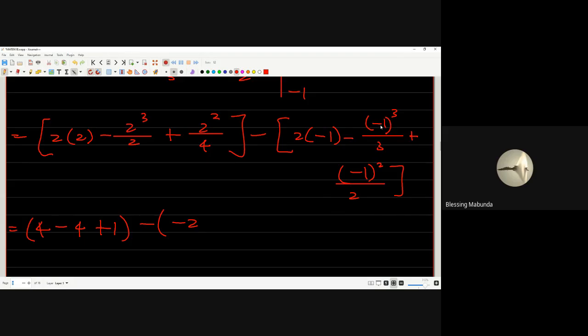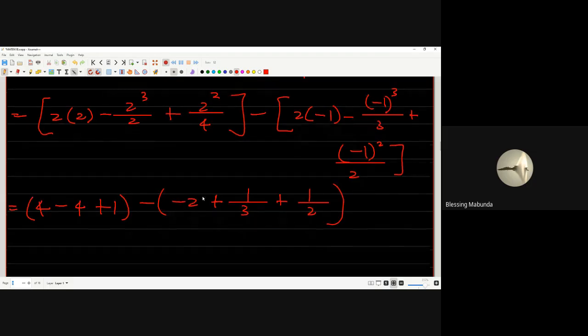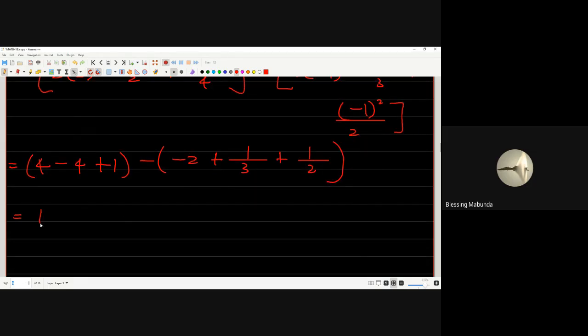So it's minus 1 cubed, which is going to be minus. So plus a third plus 1 over 2. And this is 1 minus, right, so that's a third plus 1/2.